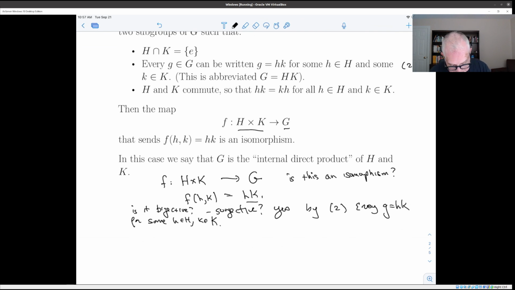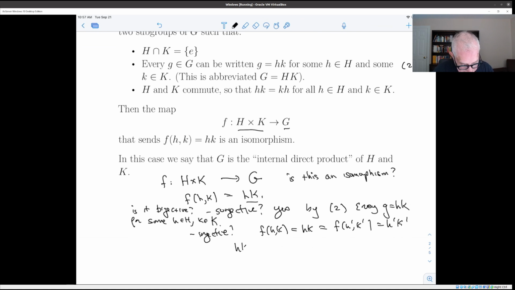Is it injective? In other words, could it happen that f of (h,k), which is hk, equals f of (h',k'), which is h'k'?